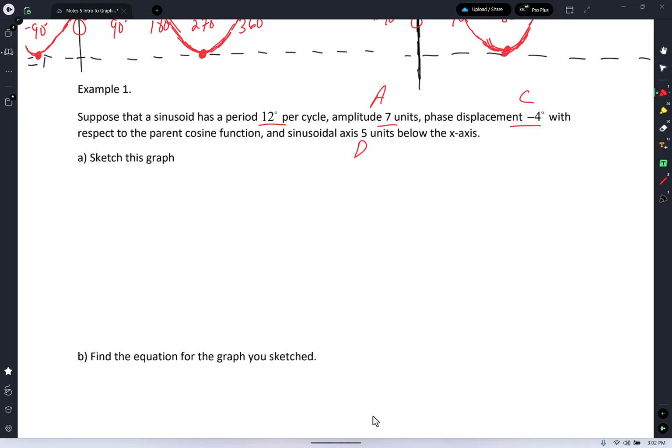So don't worry, we're going to go slow. It says with respect to the parent cosine function. So here we go. I am 5 units below the x-axis, so I'm going to exaggerate quadrant 4.